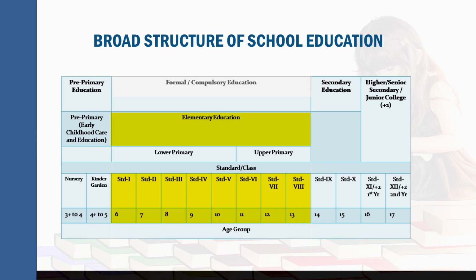That's why this is called formal or compulsory education, because it is included in Article 21A of the Indian Constitution, and now it is the responsibility of the state government to provide 8 years of formal and compulsory education to each and every child of the state, from class 1 to class 8th.